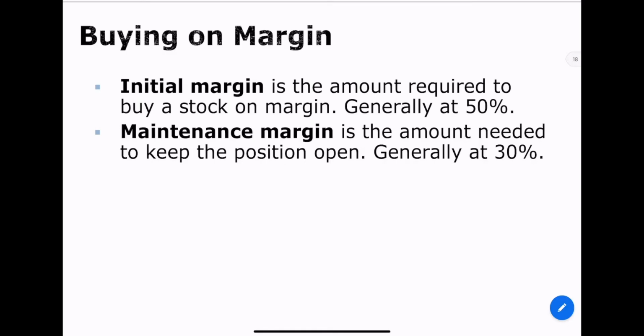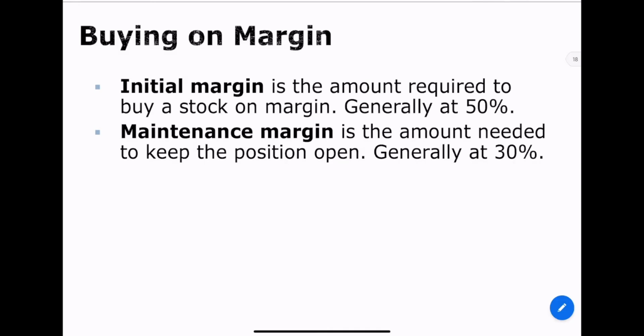Or if you're at a different broker, this broker could set a 50% maintenance margin. And this maintenance margin also changes by types of assets. Generally, if your asset is riskier, then the maintenance margin will be higher.